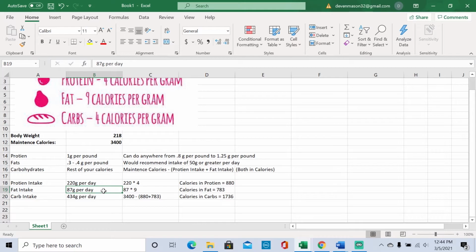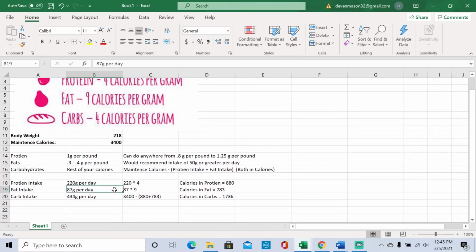But ultimately, the reason that I do like to keep my fats a bit higher is I grew up having a fat based diet, and I have a better, more consistent energy level with a bit more fat in my diet. So with that coupled with having 3,400 calories per day, which is quite a bit for most people, your maintenance won't be that high.